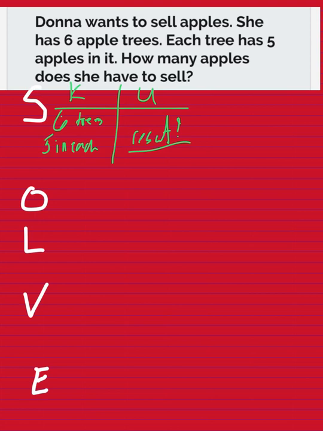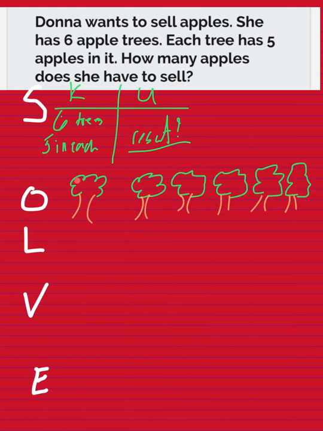Okay, so there's a few ways that we could look at this. So let's think about the fact that she has 6 trees, and each of those trees has 5 apples.